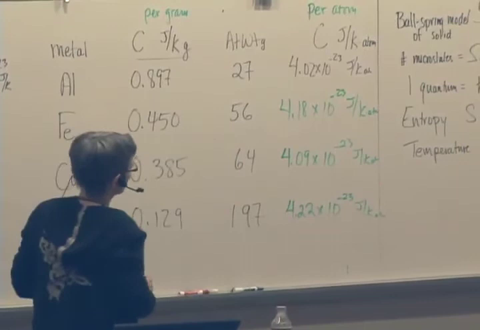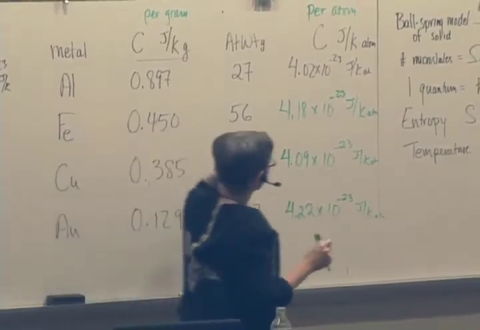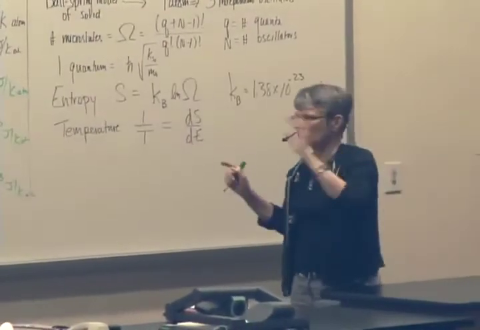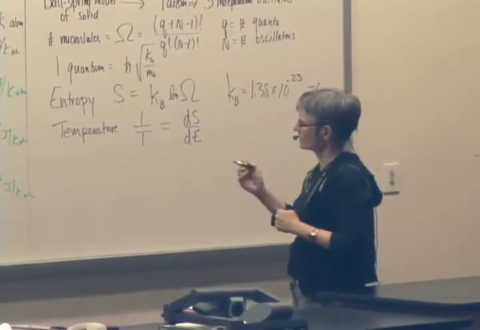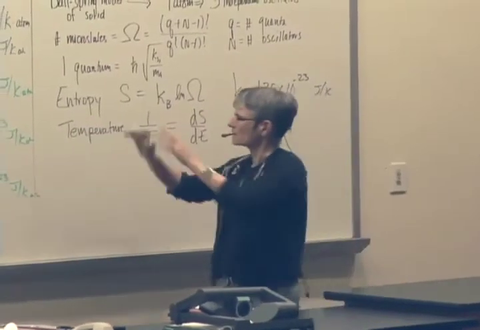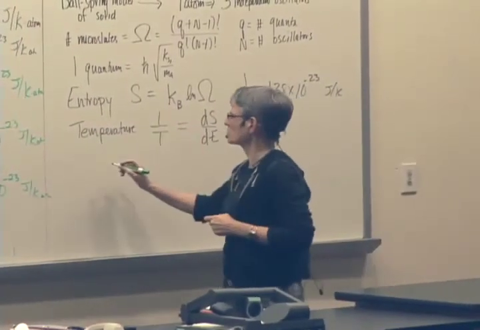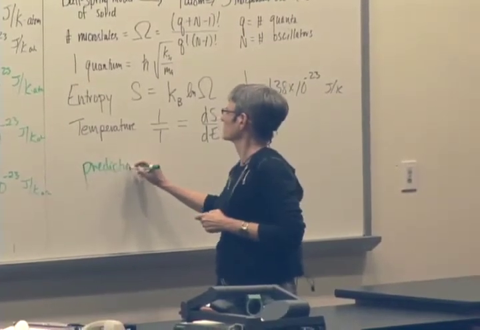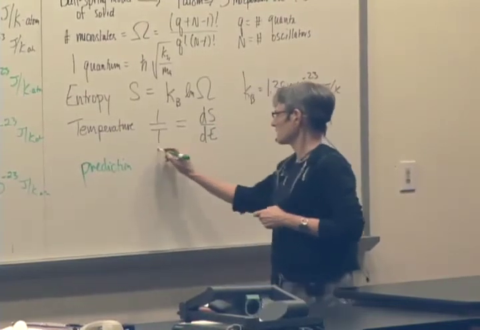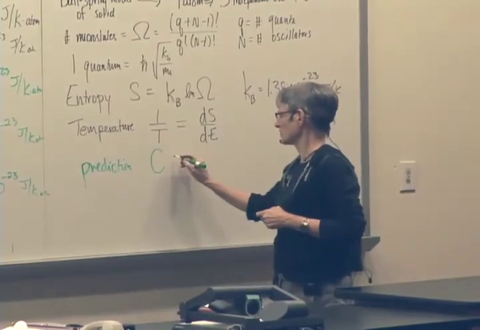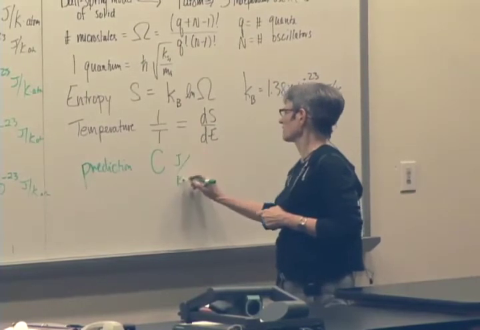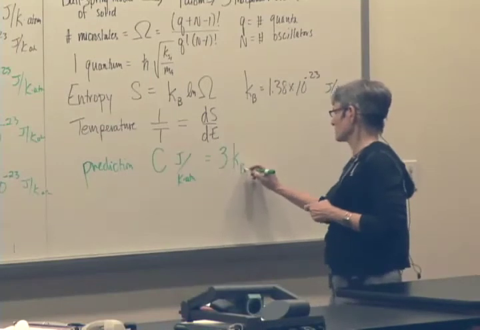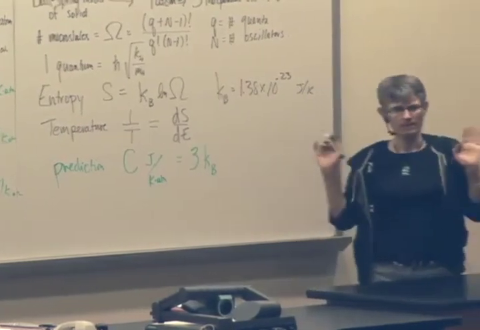And in fact, it turns out that classically, thinking not using quantum oscillators, but just thinking about how these things move, there's actually a prediction that the specific heat capacity in joules per Kelvin atom should be 3 times the Boltzmann constant per atom.